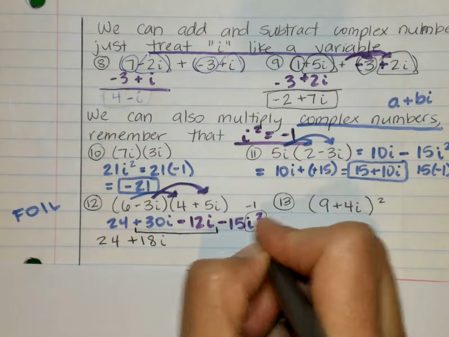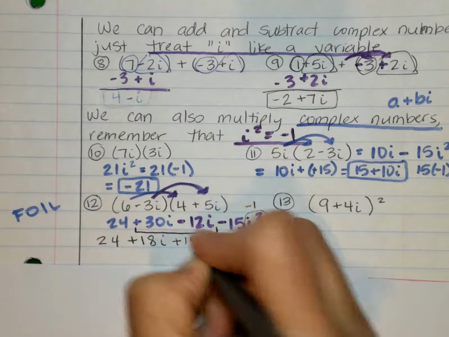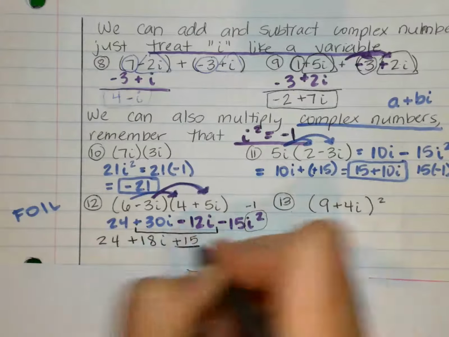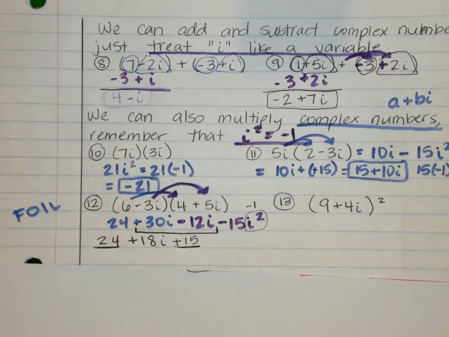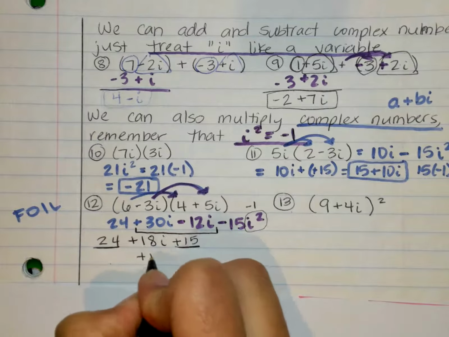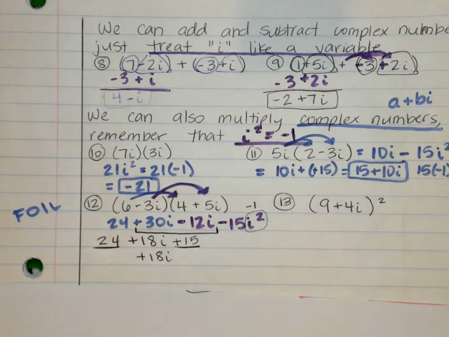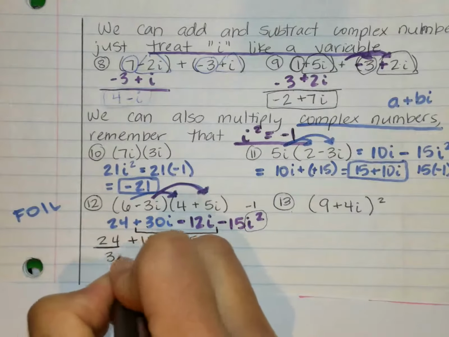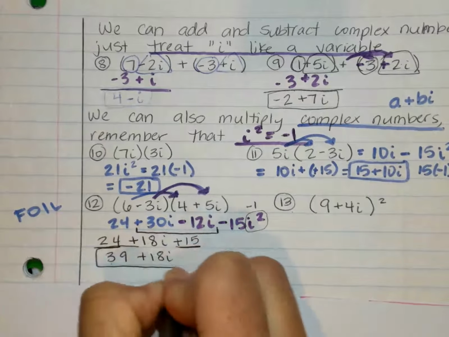It would be like negative 15, so plus 15. And then I see I have like terms again. I can add 15 and 24. So combine those and always write the real number first and then the imaginary number, the plus 18i. So 24 plus 15 is 39. And that is how you do that.